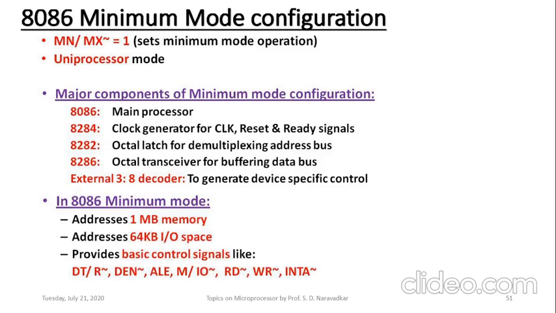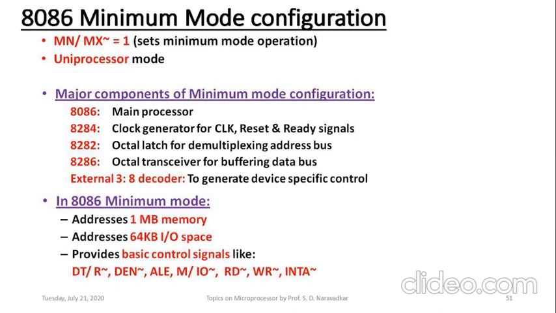Now in case of minimum mode operation, what the 8086 processor supports is given at the bottom. It addresses 1 megabyte of memory space because 20 bits of physical address is generated here. It addresses 64 kilobyte IO space.